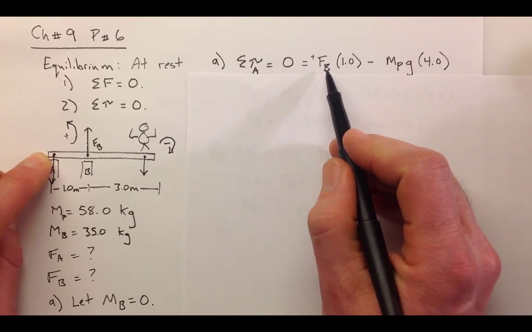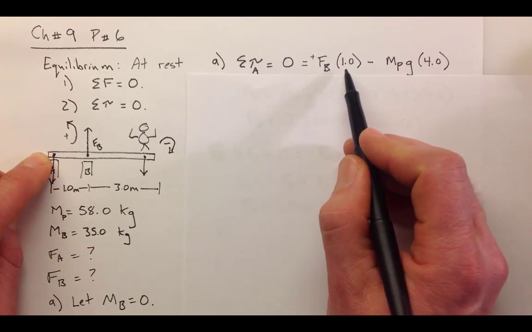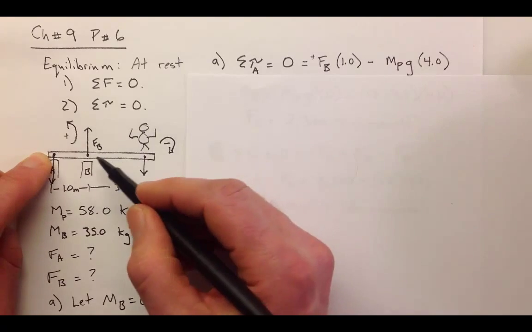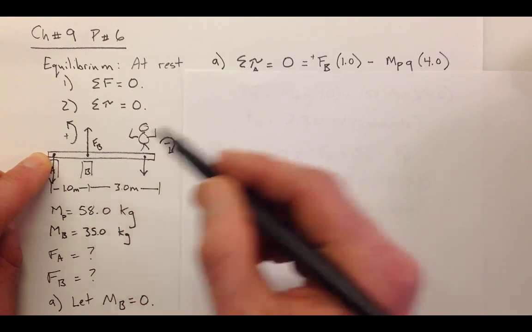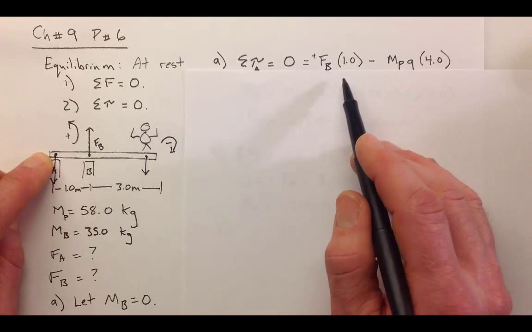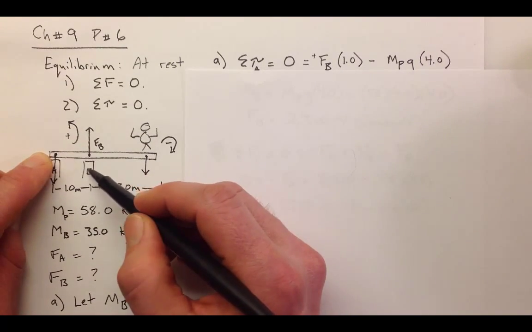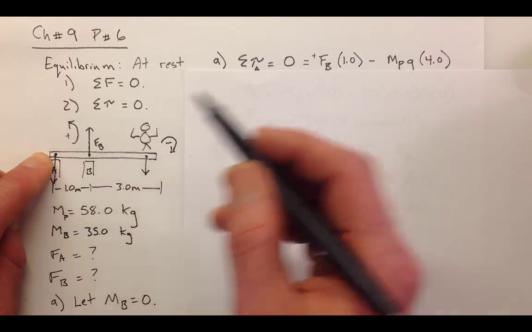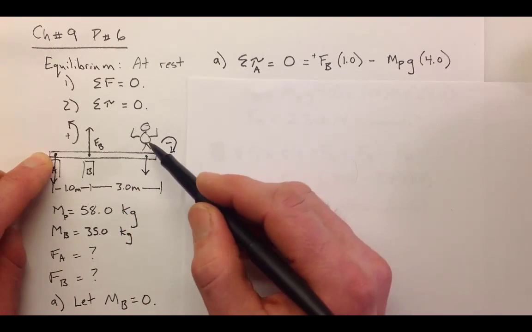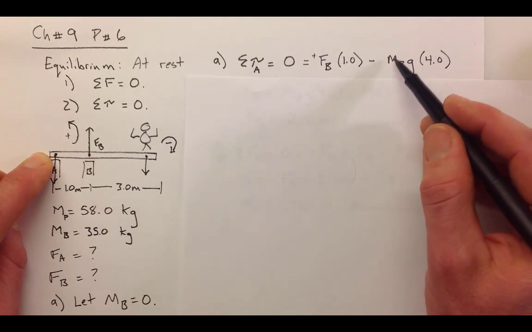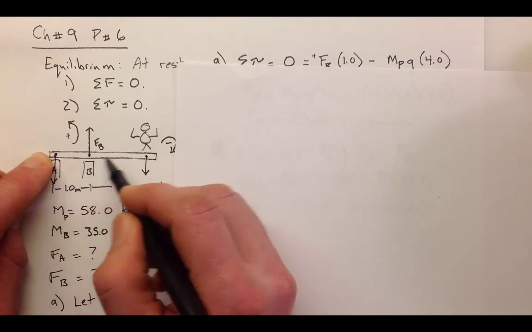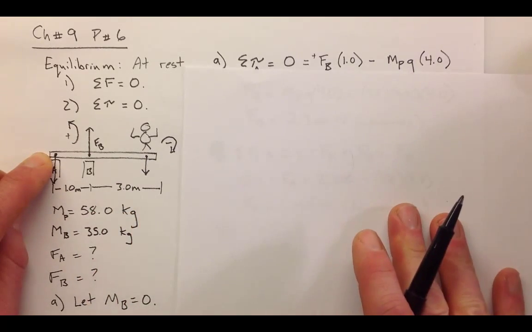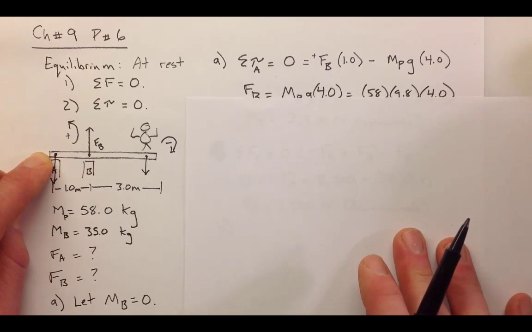So if I do my torque equation, the force times the distance between where the force is applied and the pivot arm here, I would get F sub B times 1 for the torque that this pillar is exerting, and then the torque that the person, by way of their weight, is exerting would be equal to the mass of the person times G times the length of that moment arm, which would be 4.